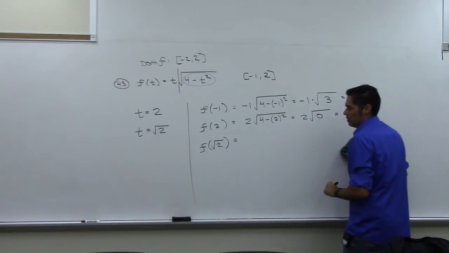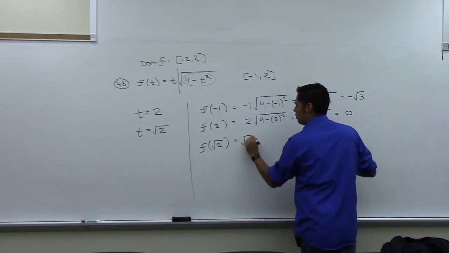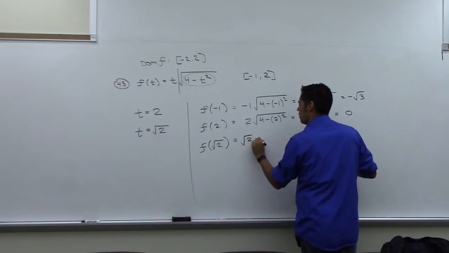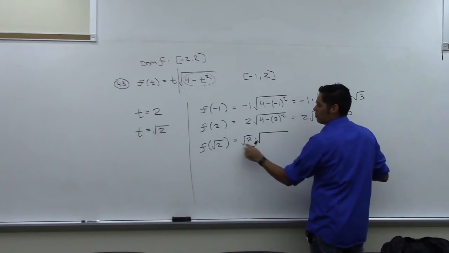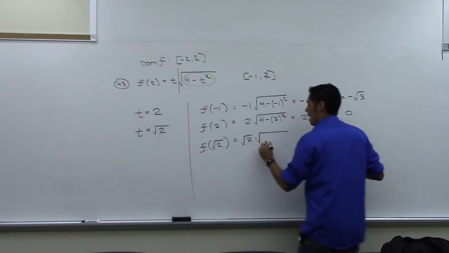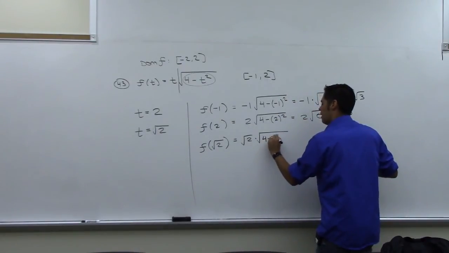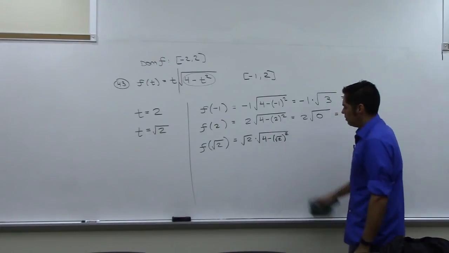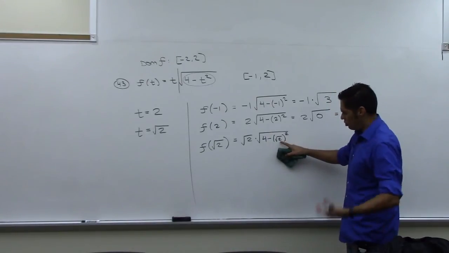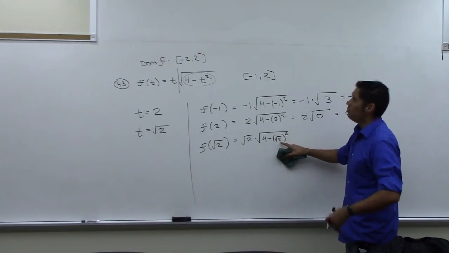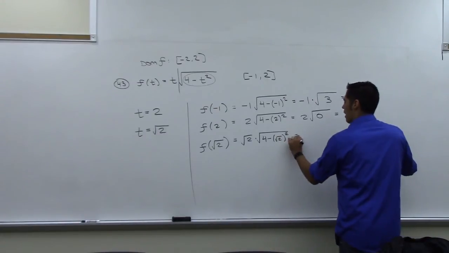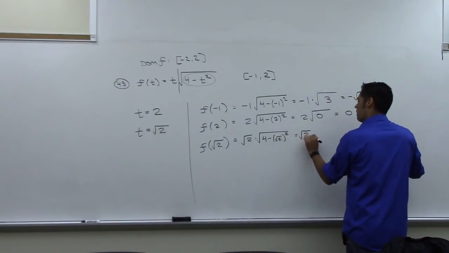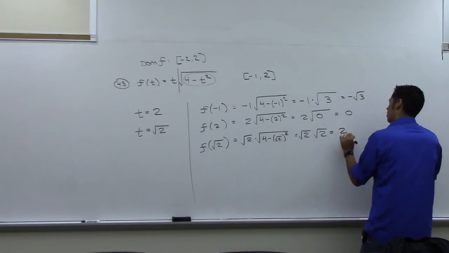Okay, no big deal. Then for root 2, I'm plugging in root 2 for t, so root 2 times root of 4 minus root 2 squared. Root 2 squared is 2, 4 minus 2 is 2. So I have root 2 times root 2 again, which is just 2.